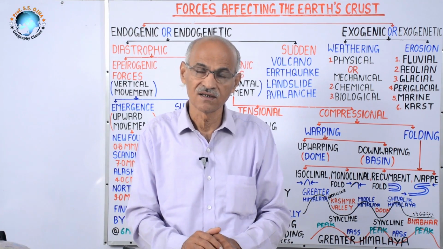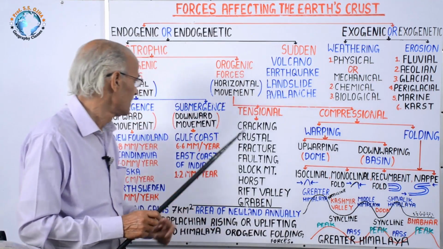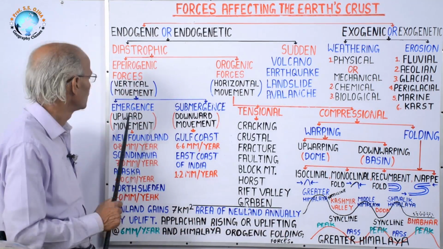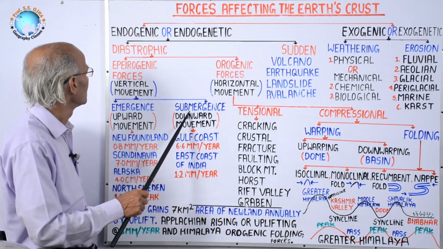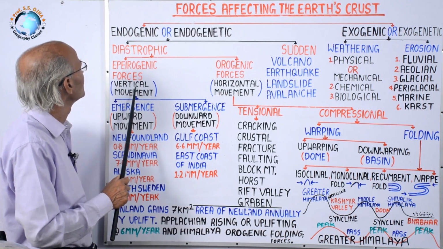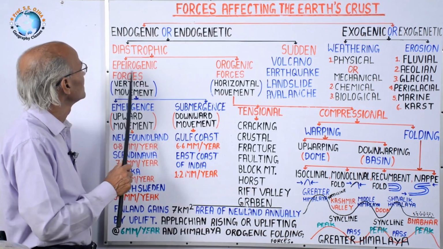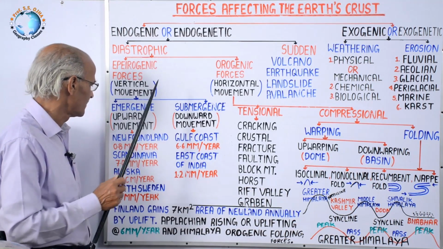That will be cleared later on in tectonics. So these are the two things. Emergence and submergence both are the result of vertical motion in the plate, which is collectively called epeirogenic force, a type of diastrophic force.